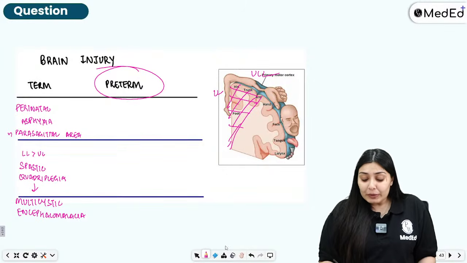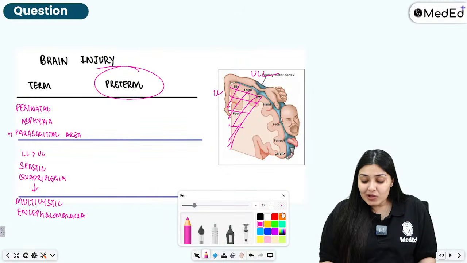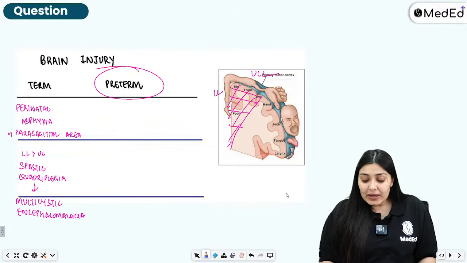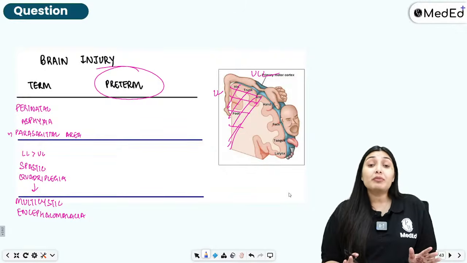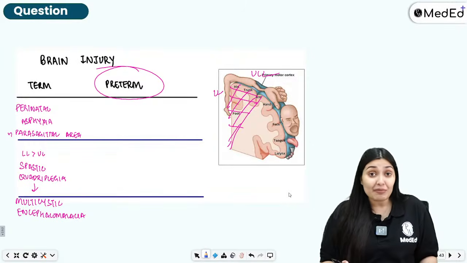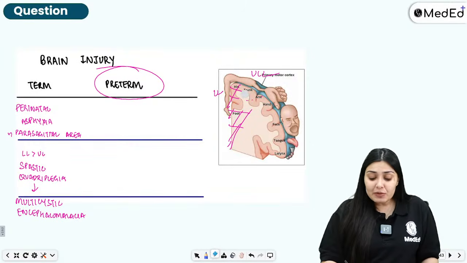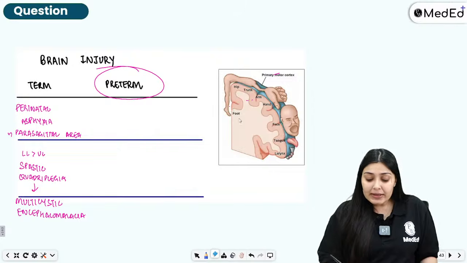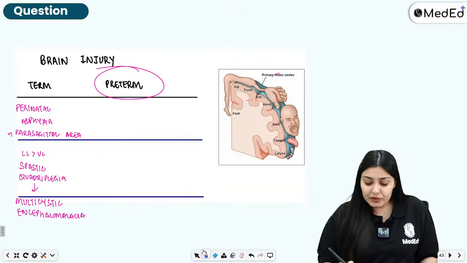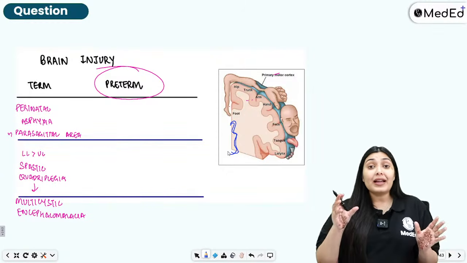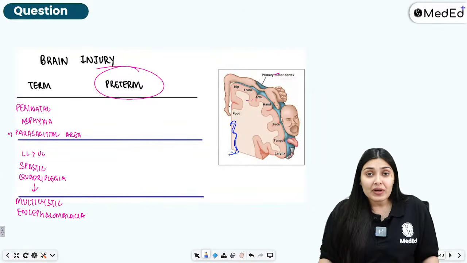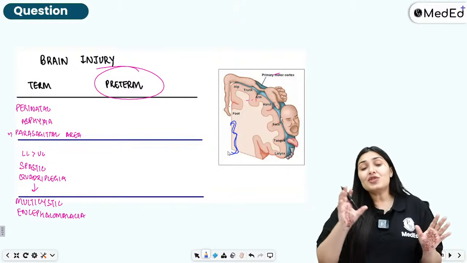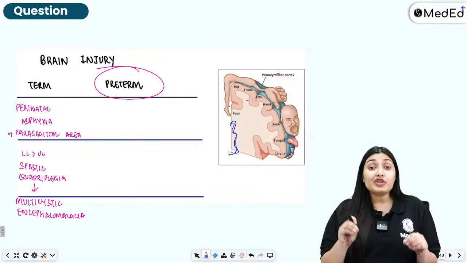Now let's talk about the preterm babies. What is the brain injury that you see in preterm babies? The most common brain injury is intraventricular hemorrhage. What happens in preterm babies? Surrounding the ventricles, we have an area known as the germinal matrix. This germinal matrix has very fragile blood vessels.